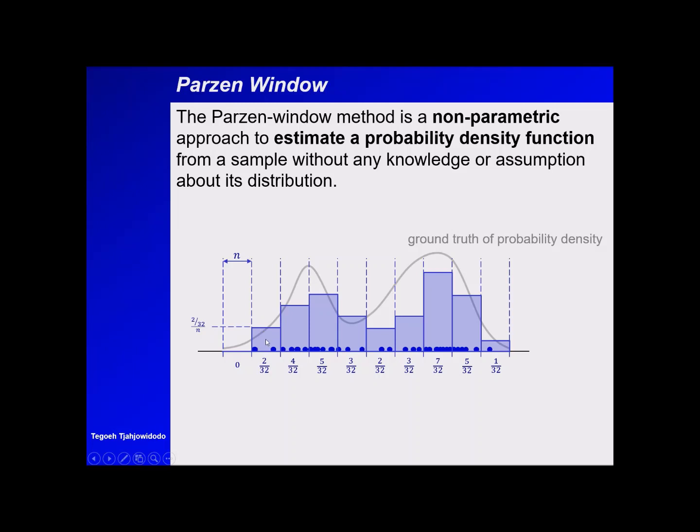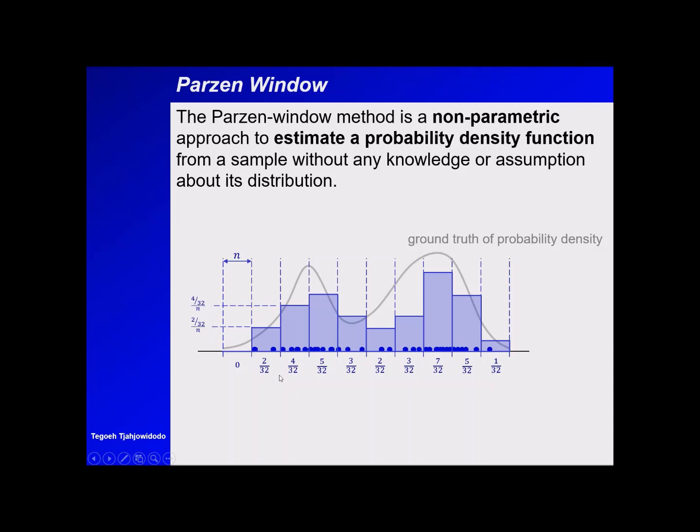The area of this rectangle is 2 over 32. The width is n, so the height is area over width. Same thing for the second one. This height should be 4 over 32 divided by n.